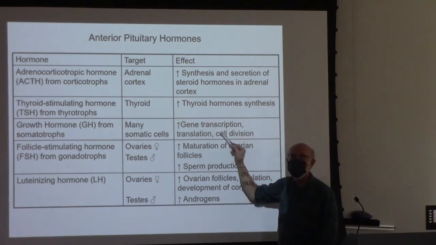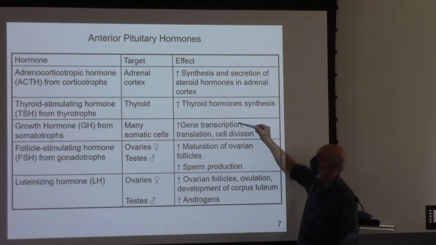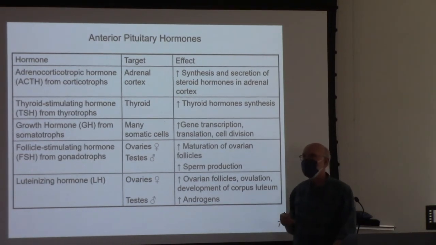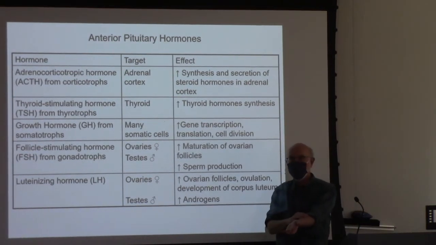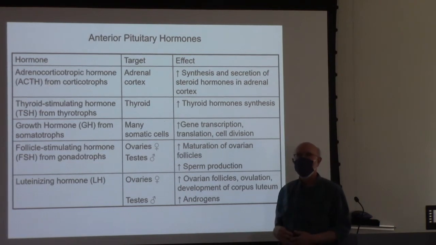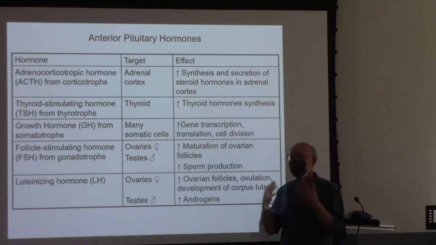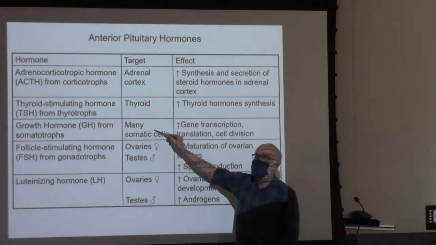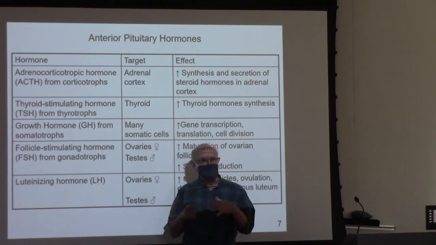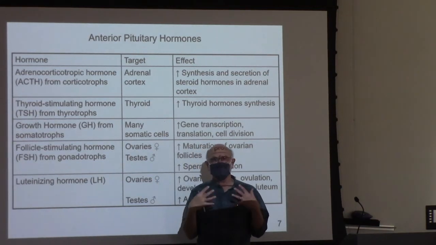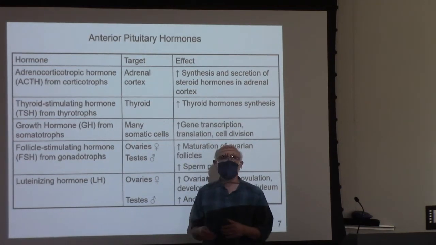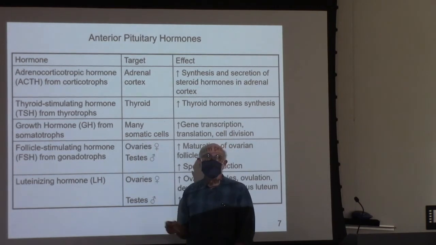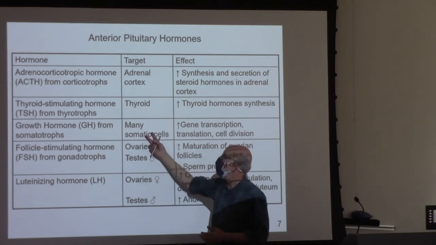It affects transcription, translation, and cell division, in cells that need to be dividing: the skin, digestive tract, blood, cells that are constantly being turned over. Many of those cells express growth hormone receptors that maintain that level of turnover and development. And you can imagine if there's a defect in the growth hormone receptor, it's not just that you're short, you could have all kinds of effects.